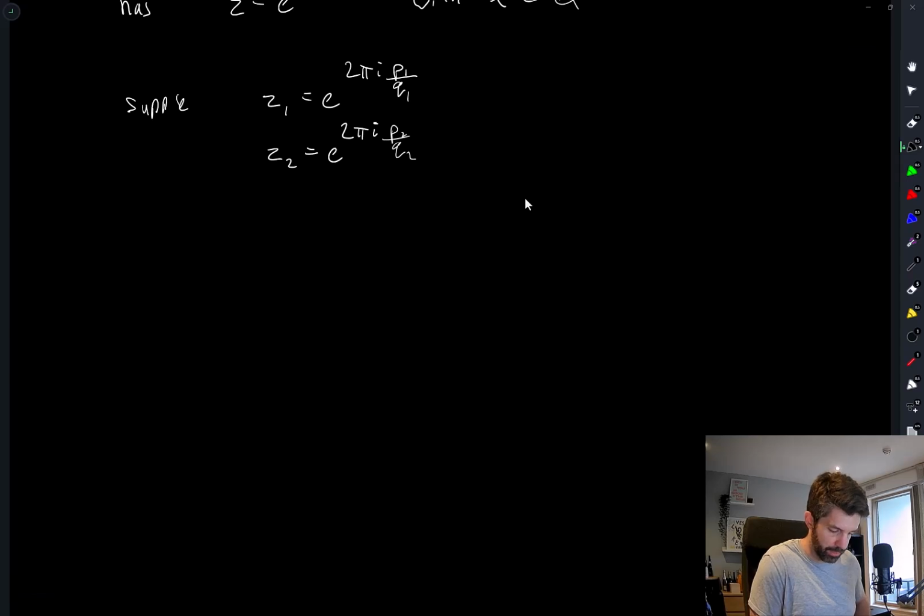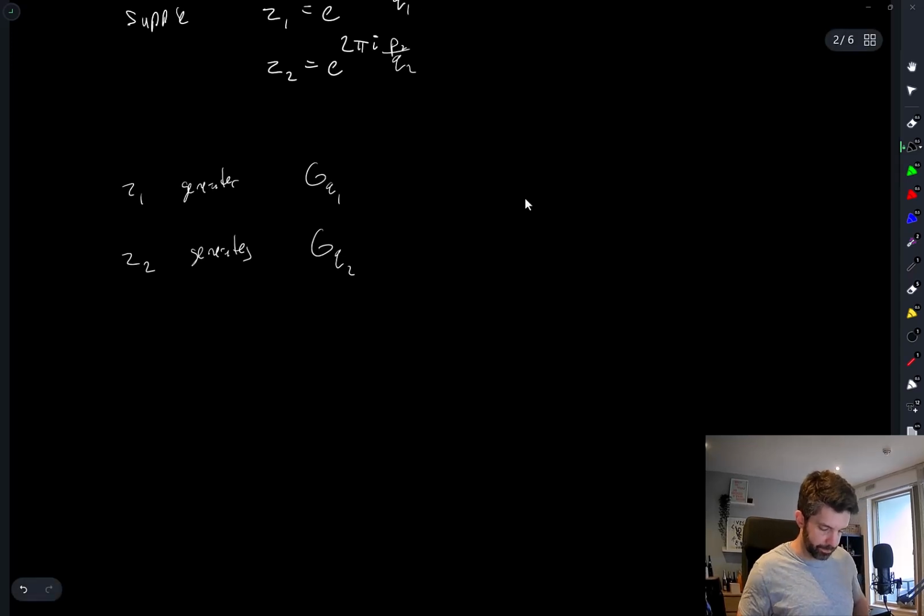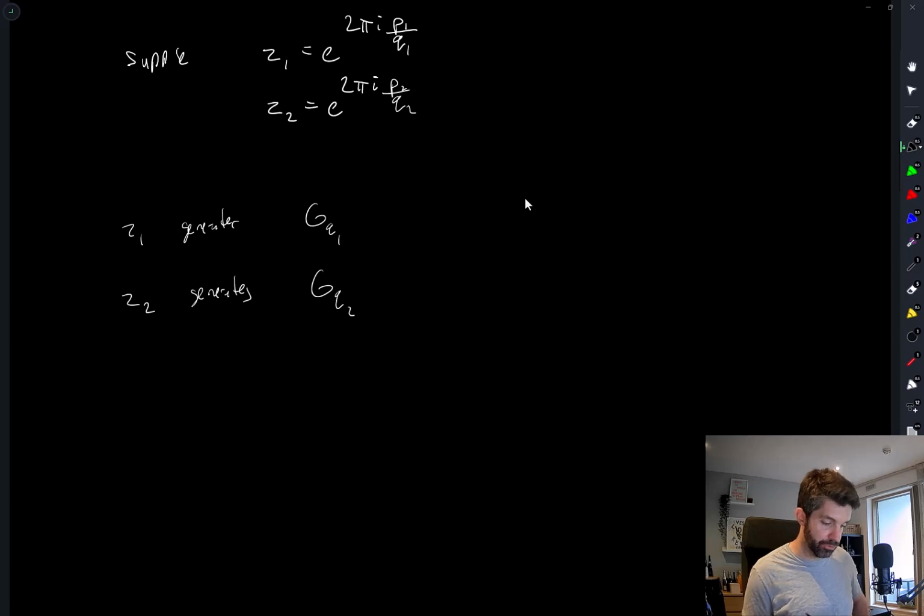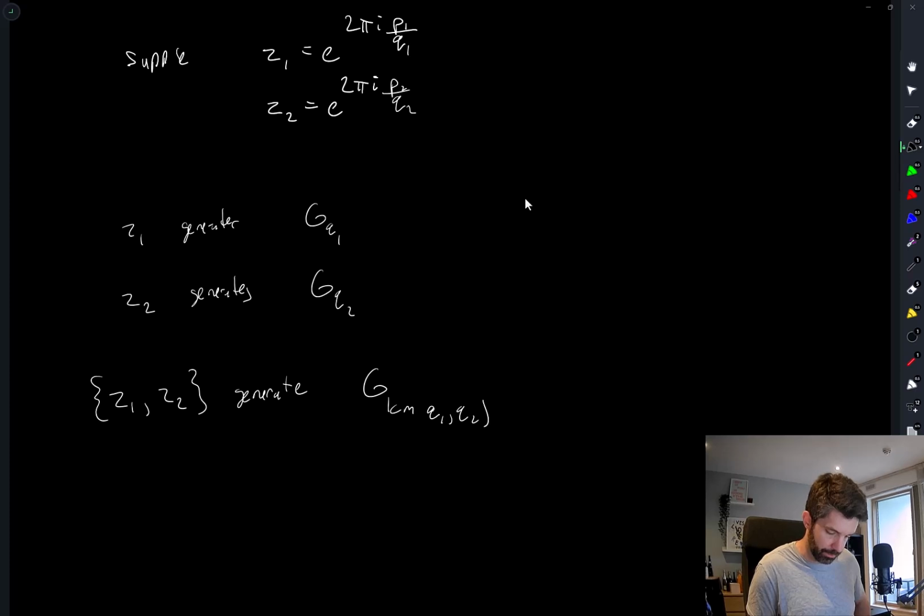So Z1 generates G subscript Q1, and Z2 generates G subscript Q2. And the two of them together, Z1 and Z2, generate G of, I believe, the least common multiple of Q1 and Q2.